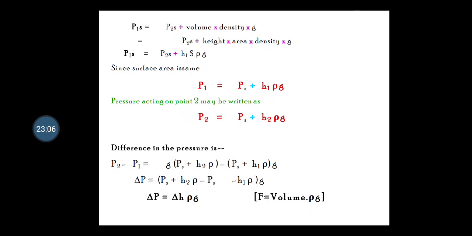When we convert it appropriately, instead of volume we can use height and area, so the equation is P1S is equal to P2S plus H1S into rho into g. Since the surface area is the same, P1 is equal to PS plus H1 rho g. So the pressure acting on point 2 may be written as P2 is equal to PS plus H2 into rho into g.